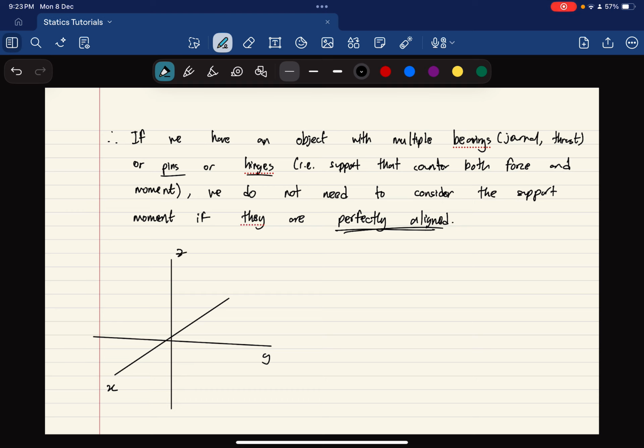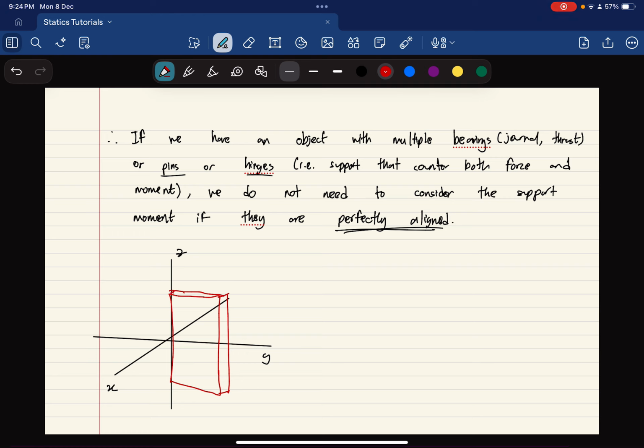I think it would be easier if we use red. So let's say we have a door right here, parallel to the y-axis. It's like a solid block. Let's pretend that's your door.